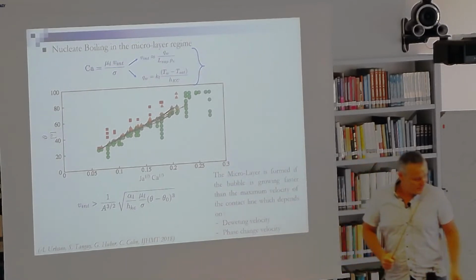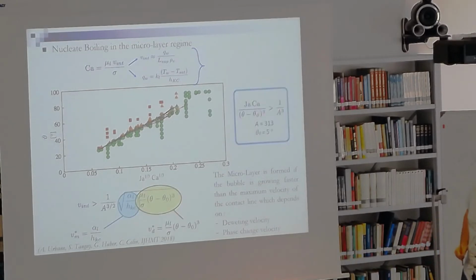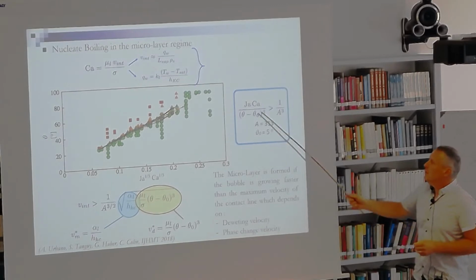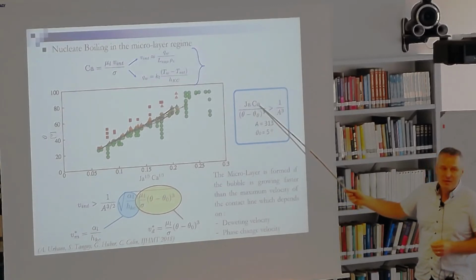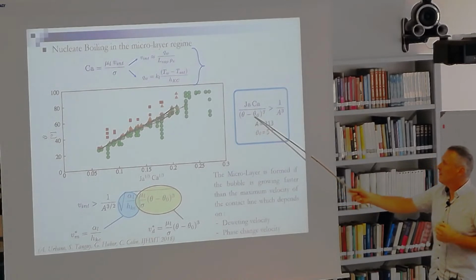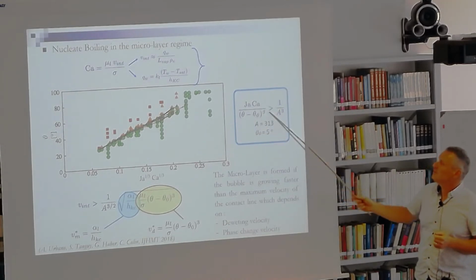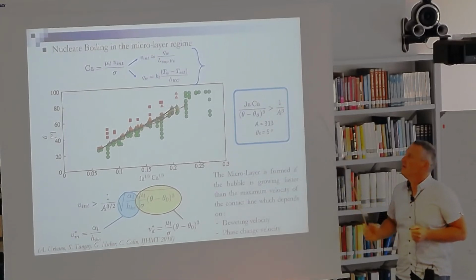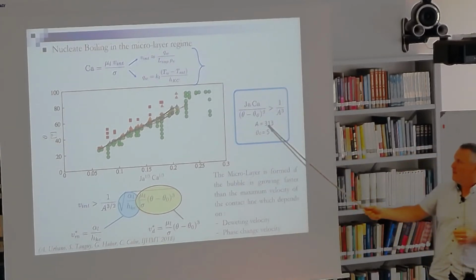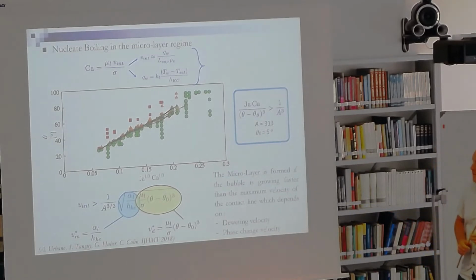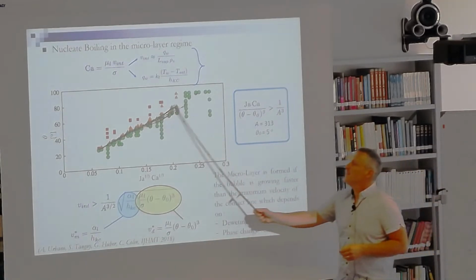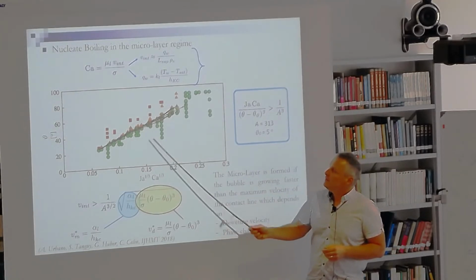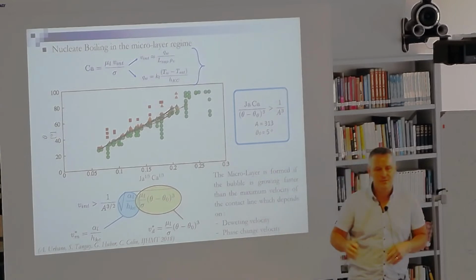This can be summarized with this correlation, connecting the Jacob number, the capillary number, and the contact angle, with this term, which must be up to 1 divided by A to the power 3, with the following value of A, and which gives us the frontier between the contact line regime and the microlayer regime in green. The orange points are kind of transient points.